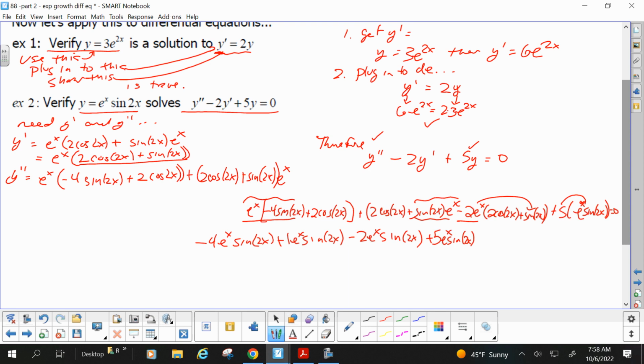Altogether, positive 5, positive 1, that's 6, minus 4, minus 2, that's negative 6. The sines all go away.